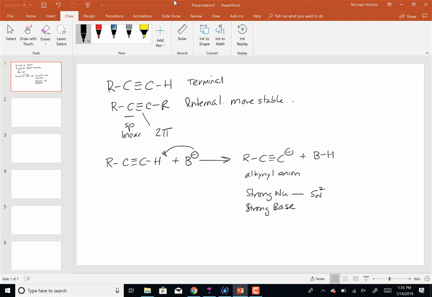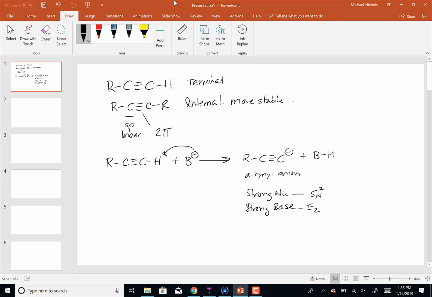E2. So it can either do SN2 or E2. And so this is going to be one of our anions where we have to think about what it's going to do. Is it going to do SN1 or SN2, or is it going to do E2? It's going to depend on the halide that it's reacting with.